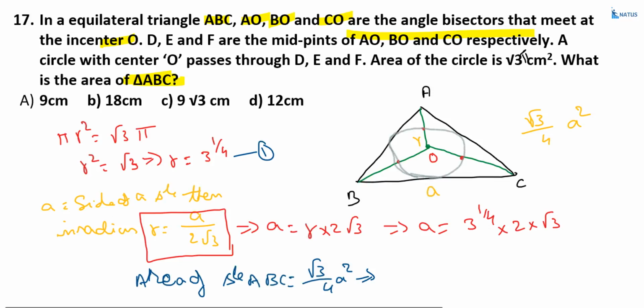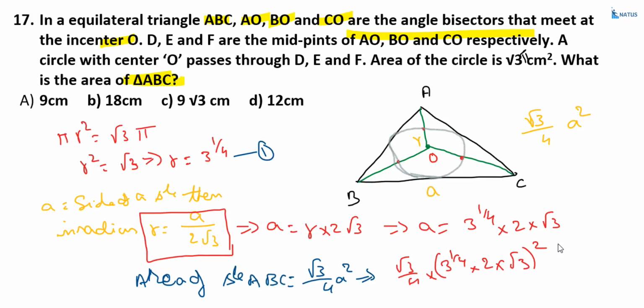So that is equal to root 3 by 4 into 3 to the power of 1 by 4 into 2 into root 3 whole square, right? So this is equal to root 3 by 4 into 3 to the power of 1 by 2 into 4 into 3.